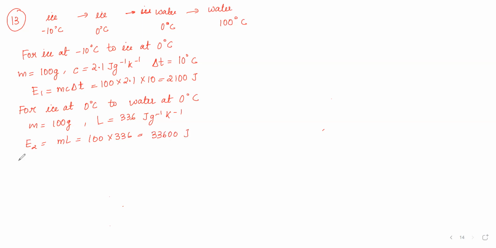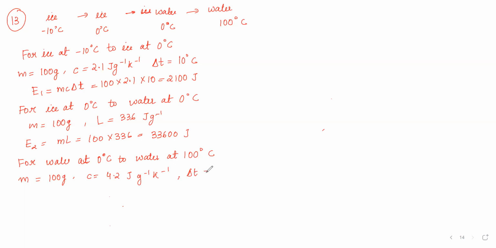Okay. Now we'll be writing for water at 0 degrees Celsius to water at 100 degrees Celsius. The mass again will be equal to 100 grams. Now here C will be equal to 4.2 joule per gram per Kelvin.